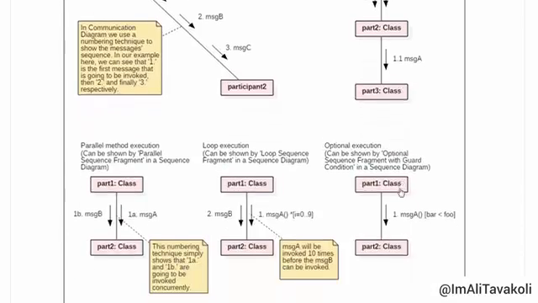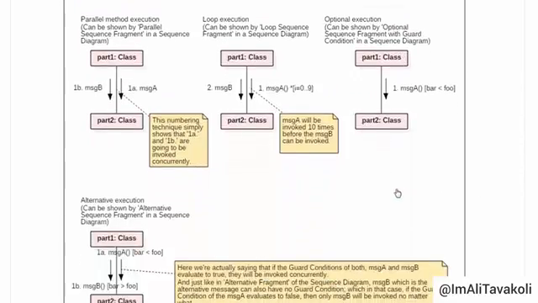All right, let's continue and see what else we have. Parallel method execution. If we have 1A and 1B, it means that these two messages are going to be invoked concurrently and at the same time. In a sequence diagram, we can show parallel with the parallel sequence fragment, as we know.